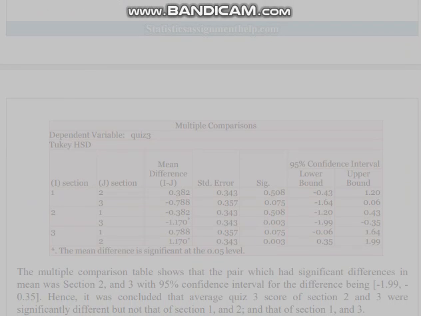Table 4, Tukey's HSD Multiple Comparison Table. Multiple comparisons, dependent variable Quiz 3, Tukey HSD. Columns: I section, J section, mean difference I minus J, standard error, significance, and 95% confidence interval lower and upper bound.